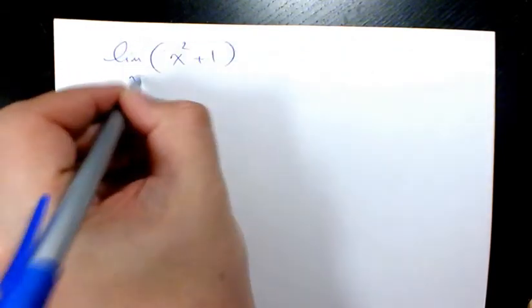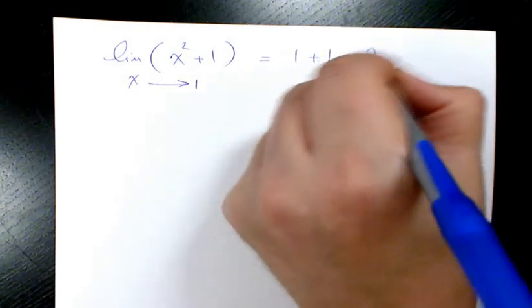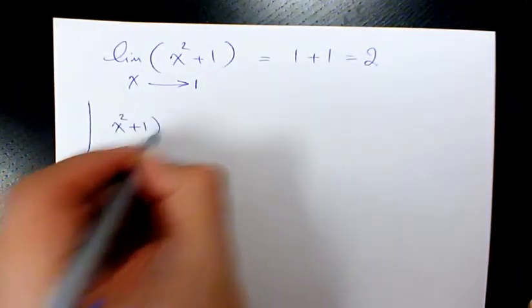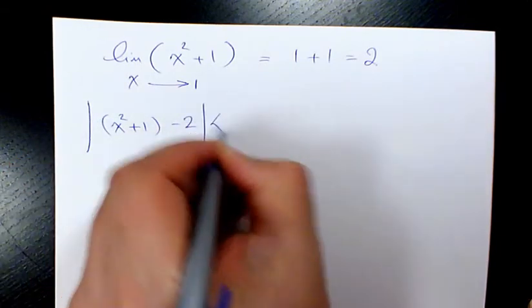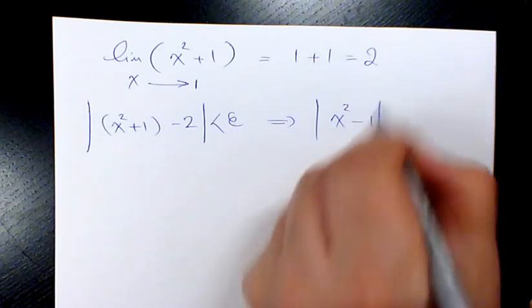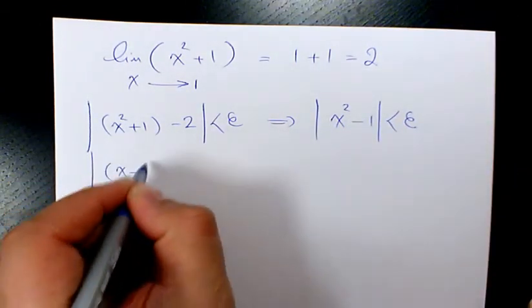Next one, the limit of x squared plus 1 when x is approaching 1 is going to be 1 plus 1, and that's going to be equal to 2. So the absolute value of x squared plus 1 minus 2 is less than epsilon. So it's going to be the absolute value of x squared minus 1 less than epsilon. So we can factor that.